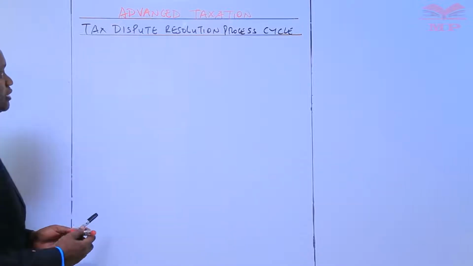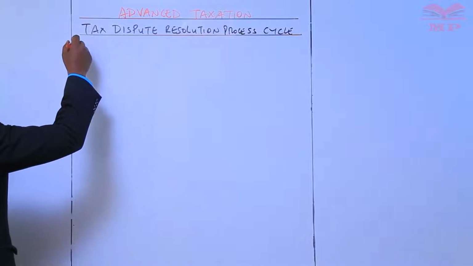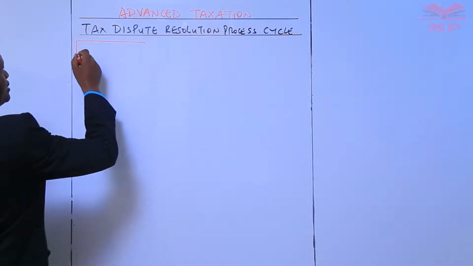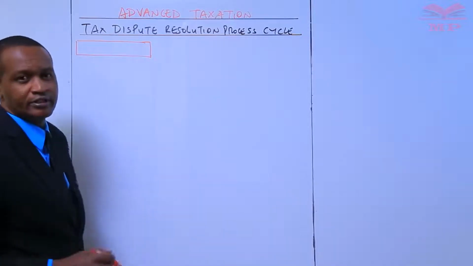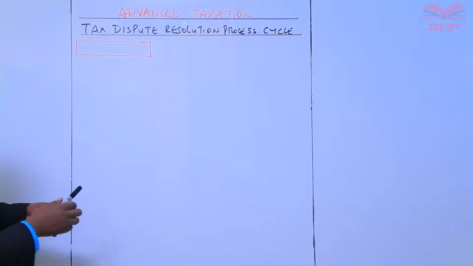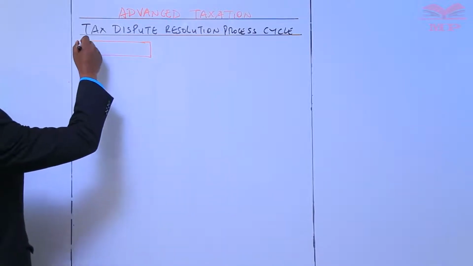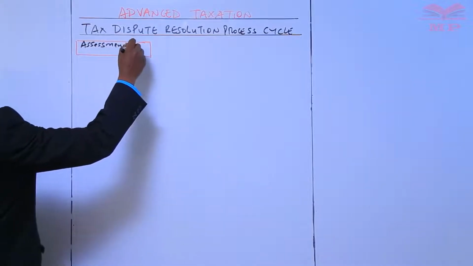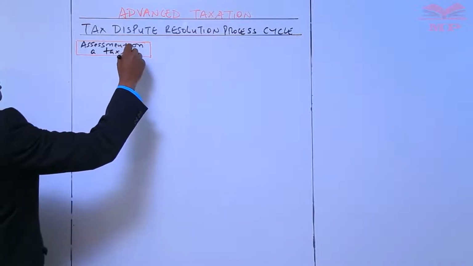So the beginning point is an assessment. So you'll have that box, an assessment on a taxpayer.